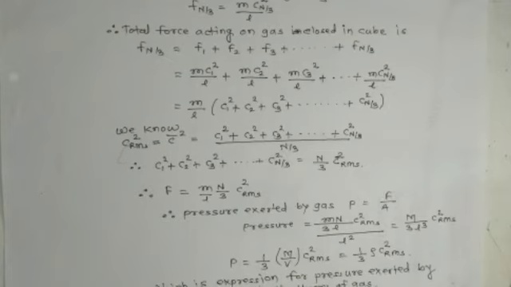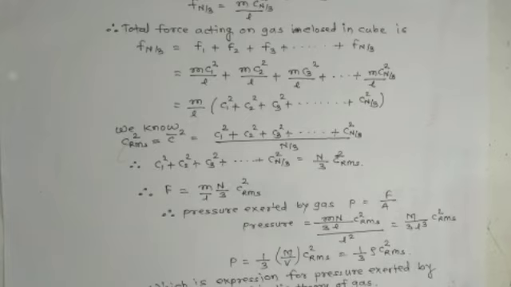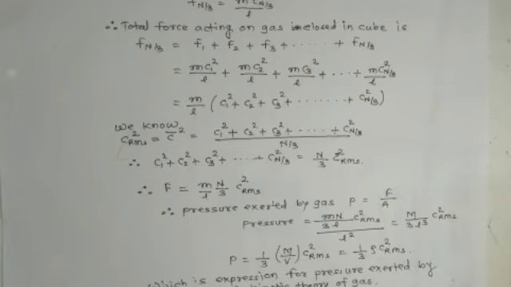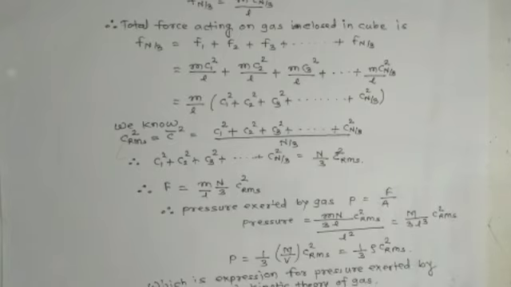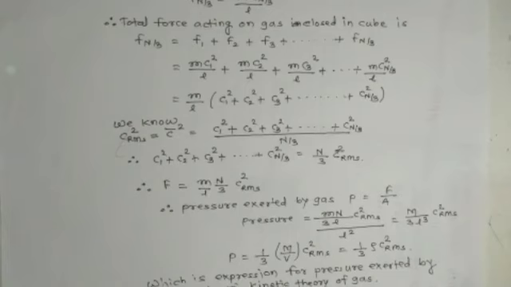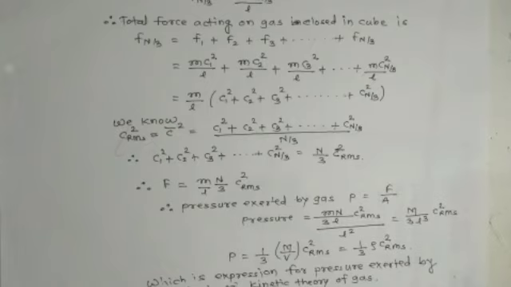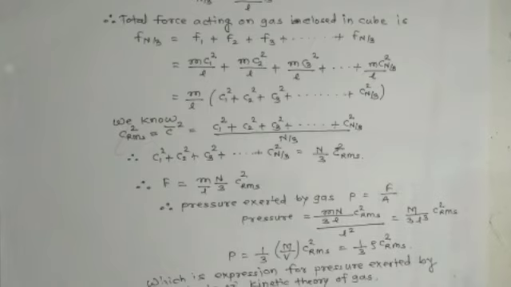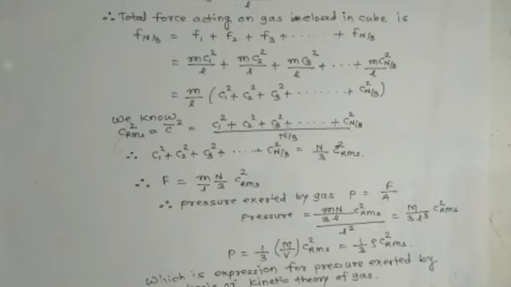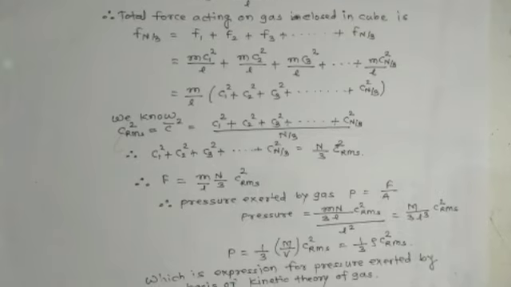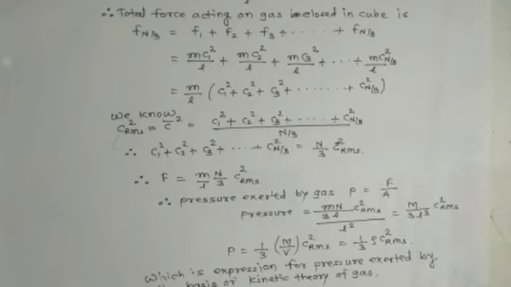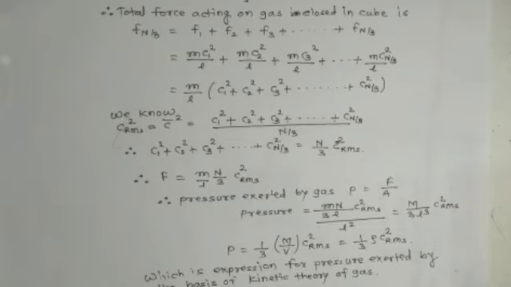If m upon L is common, so m upon L in bracket c1 square plus c2 square plus c3 square plus c square N upon 3. We know that c bar square, that is mean square velocity, is equal to c1 square plus c2 square plus c3 square plus c square N upon 3, upon N upon 3, which is c square RMS.